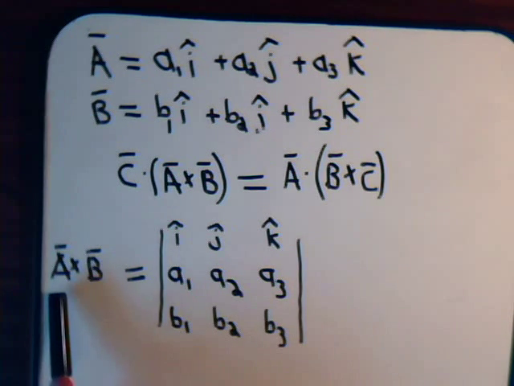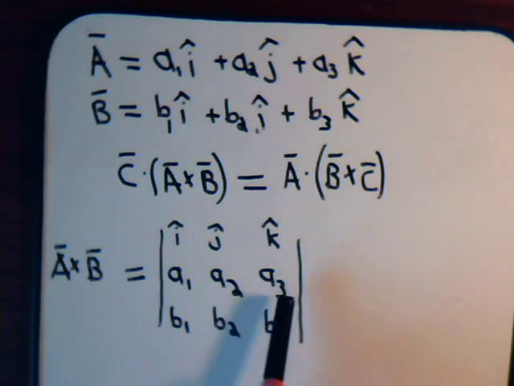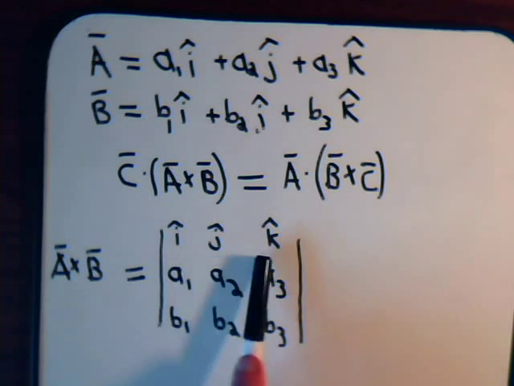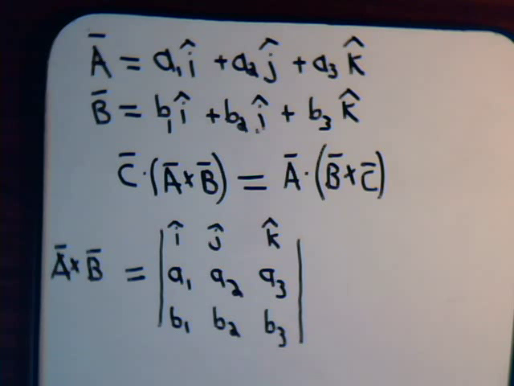We have A, then B, so we have row A, then row B, and at the very top, the unit vectors I, J, and K. And this gives us a vector. To see what expression it has, we can find out by expanding this using minors.